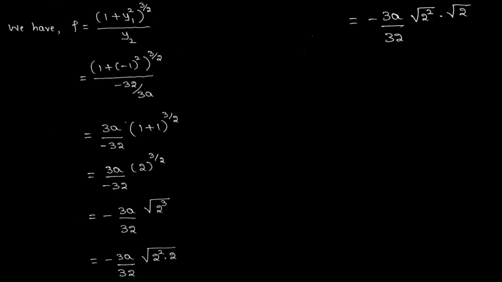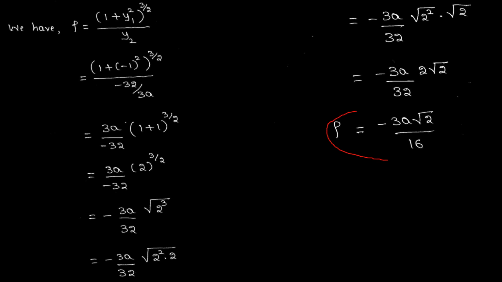Here we have separated the roots for 2 square and 2. This is the thing that finally happened. Cancellation of 2 ones are 2 and 16s will happen. So we got the rho, that is radius of curvature, as minus 3a root 2 by 16.